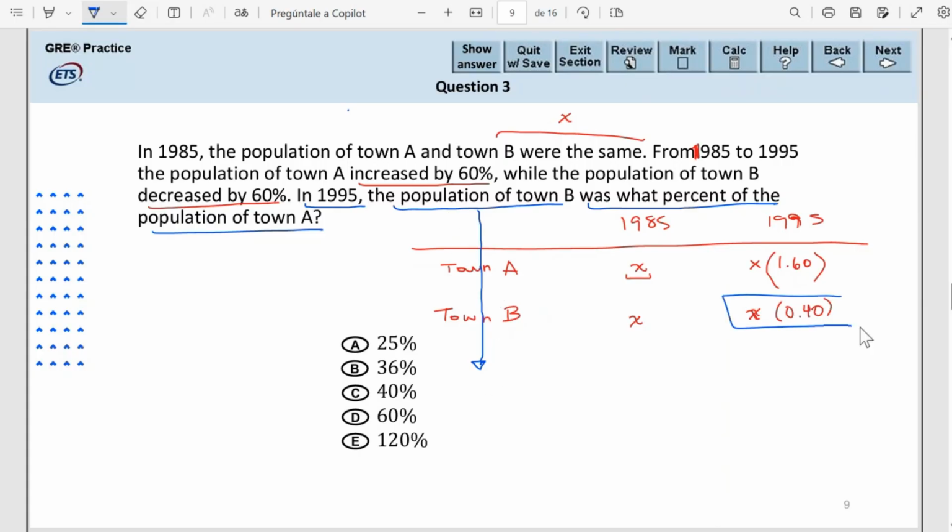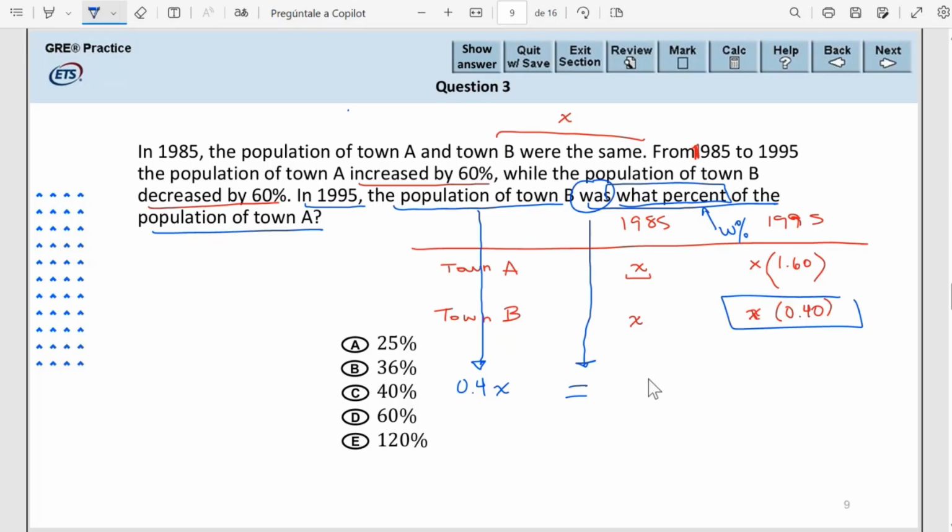This expression, 0.4 times X. Was can be translated as the symbol of equality. What percent is our unknown? And since we're already using X, to avoid confusion with the unknown of the question, let's call this percent W percent, what we want to find out.